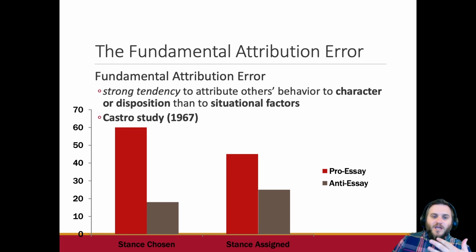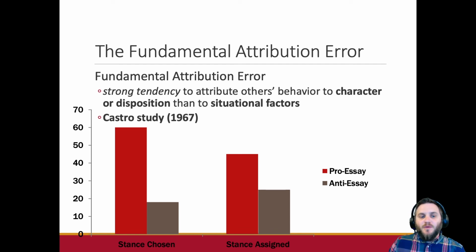Very strong. You expect to see this red bar high and this brown bar low if you ask somebody to do something that they want to do or don't want to do. You know, speaking from their attitude. Okay, yeah, that's their attitude, so that's a dispositional factor. But when this stance is assigned, it's situational.